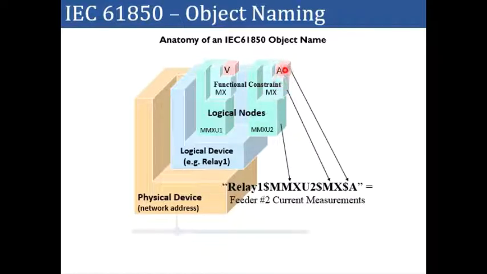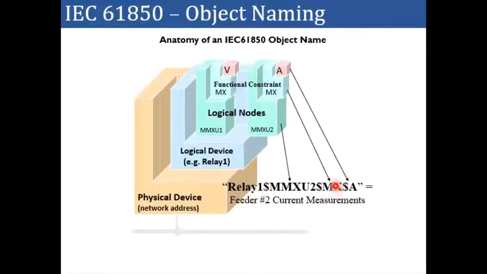If you want to see the value of current, you need to create the object reference as follows. Relay1 will be the logical device, separated by a dollar sign is the next, the logical node, that is MMXU2.